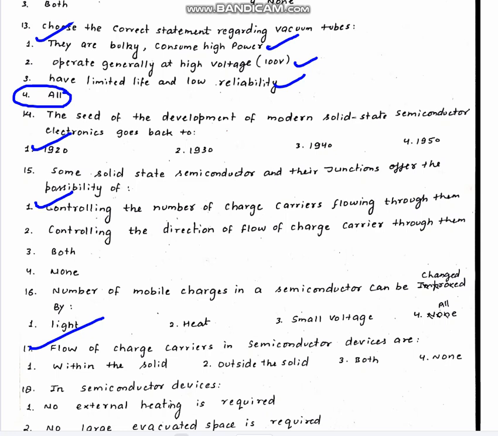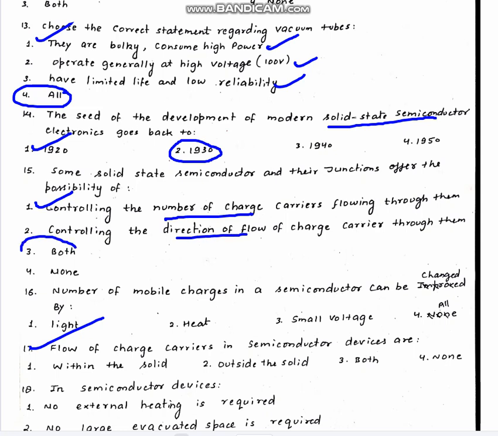Next is the seed of the development of modern solid state semiconductor electronics goes back to 1930. Next is some solid state semiconductors and their junctions offer the possibility of controlling the number of charge carriers, and obviously direction can also be controlled.